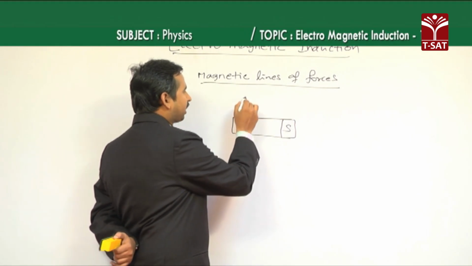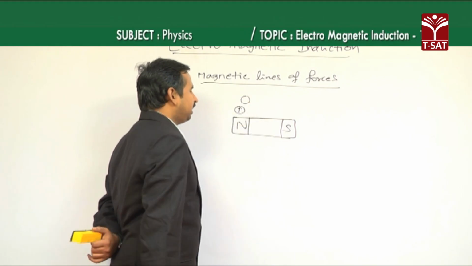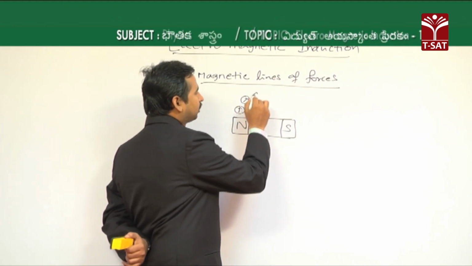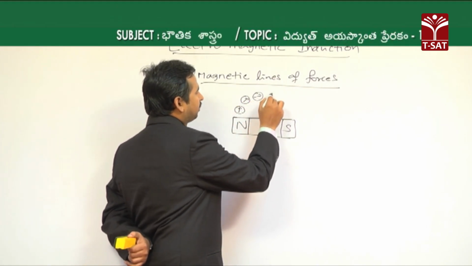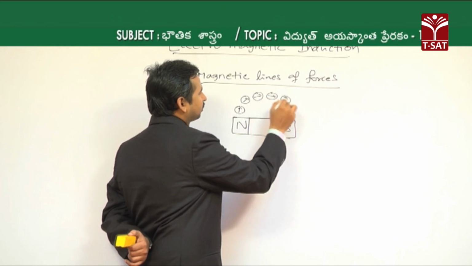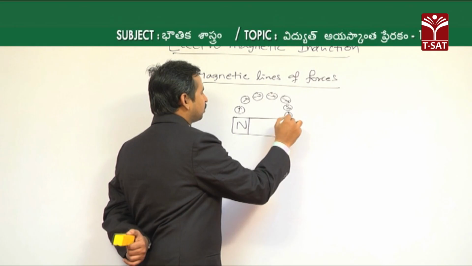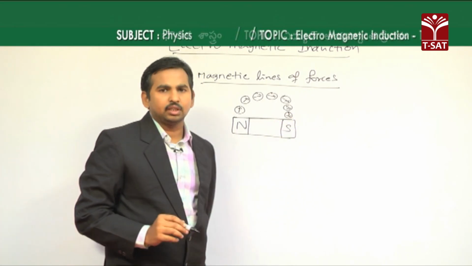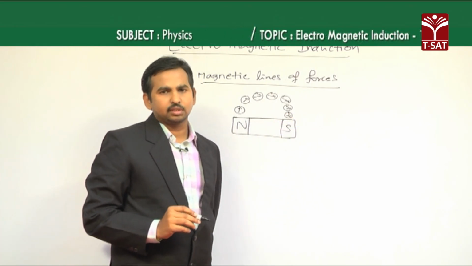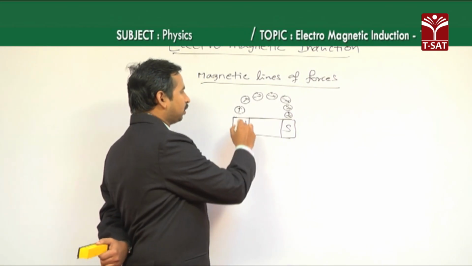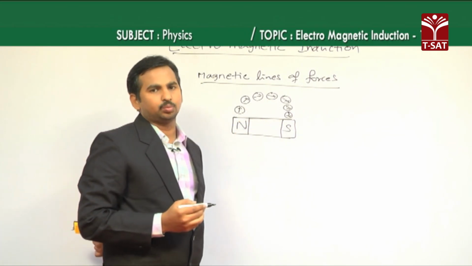Then if you keep the compass again here, it shows the direction like this, and if you continue the path like this, it finally ends on the south pole. This means the magnetic lines of forces are imaginary curves starting from the north pole and ending on the south pole.